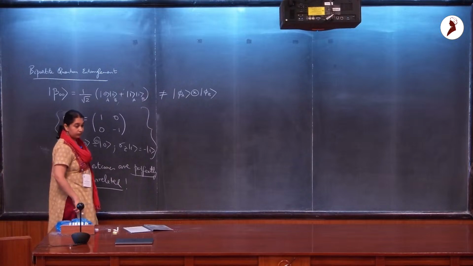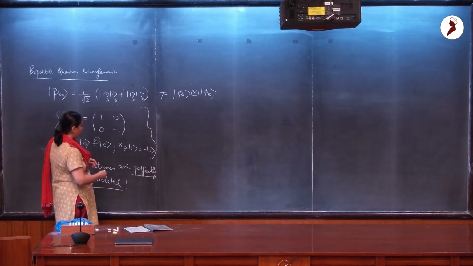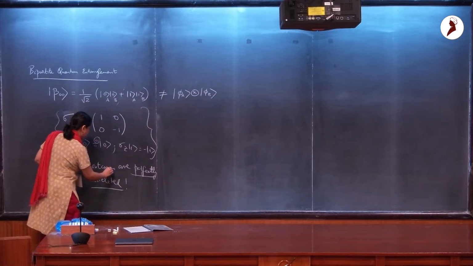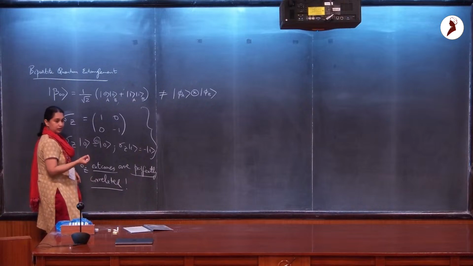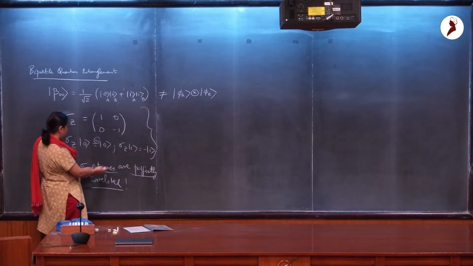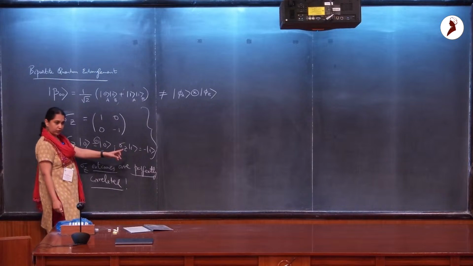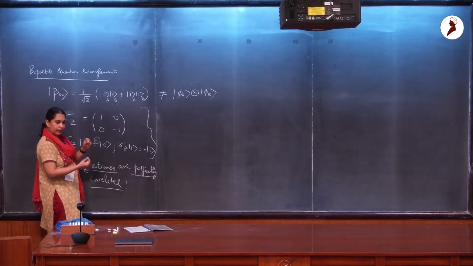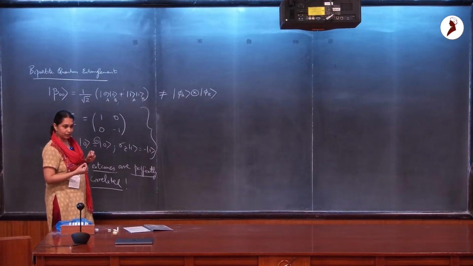What's the difference between this correlation and entanglement? So the outcomes of a measurement are classical. When I make a general measurement, in this case it's a two-valued measurement, it's +1 or -1. So the outcome I can think of as essentially a binary valued classical random variable.